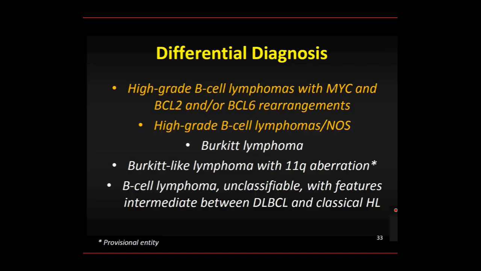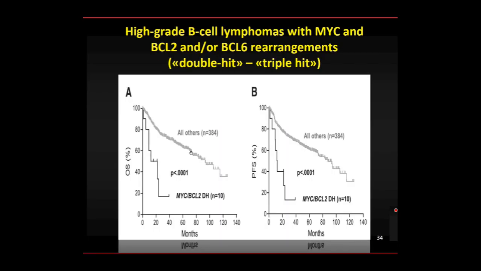Based on that, you understand that when dealing with diffuse large B-cell lymphoma, nowadays it's important to use not only immunohistochemistry, but also FISH to detect translocations, because the presence of translocations would define new categories provided with a worse prognosis.